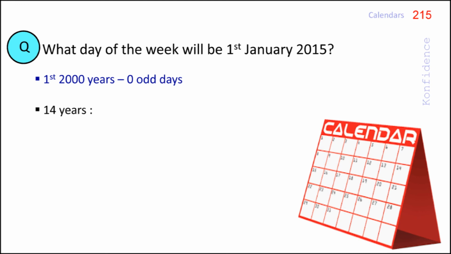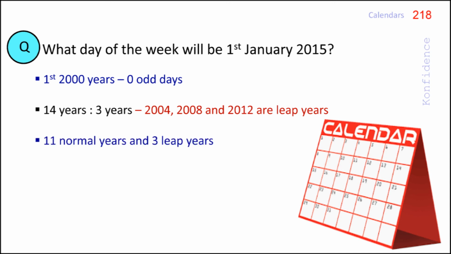After that, there are 14 years, of which 3 years, 2004, 2008 and 2012, are leap years. Therefore, there are 11 normal years and 3 leap years en route to 2015 January 1st.